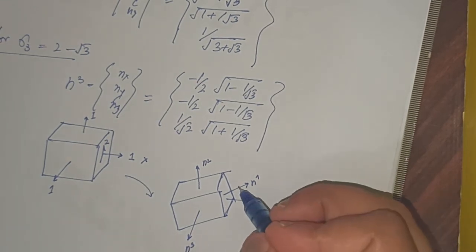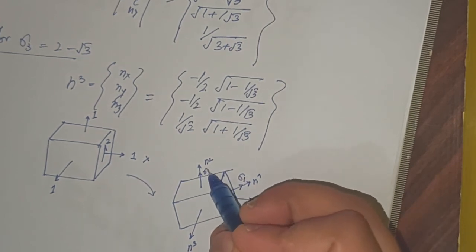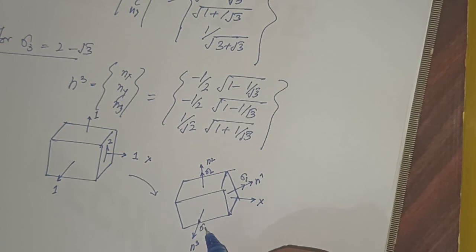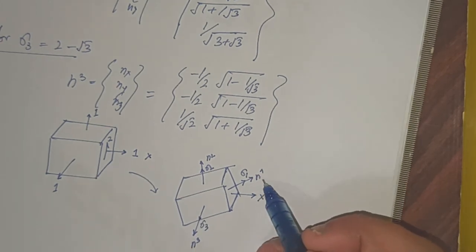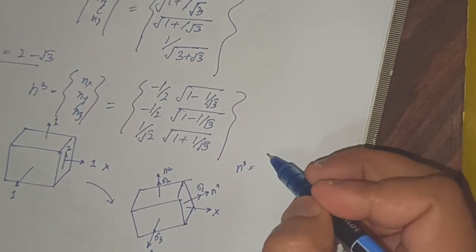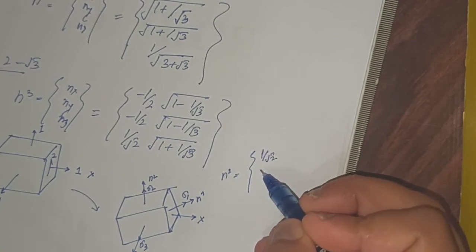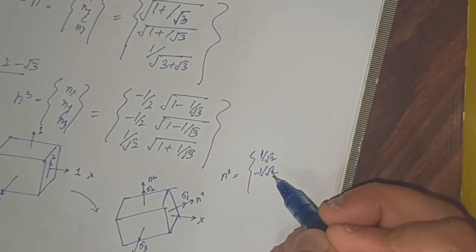And along this sigma 1 will exist, along this sigma 2 will exist, along this sigma 3 will exist. And what is this n1? N1 is my vector 1 by root 2, minus 1 by root 2 and 0.